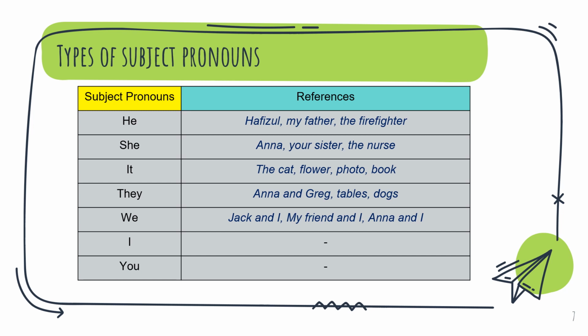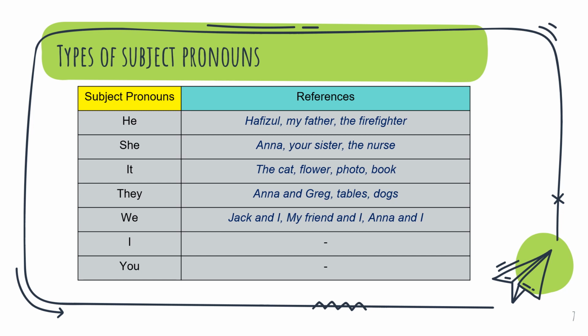Then they: Anna and Greg, tables, dogs. Here, they you can use not only for humans but for objects and animals as well, in case they are in plural form.